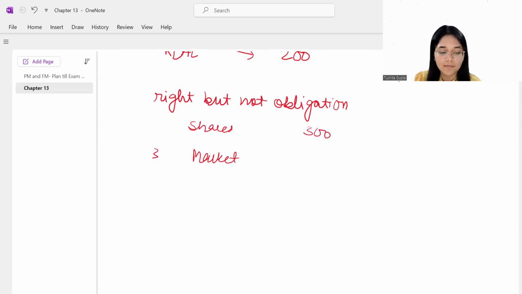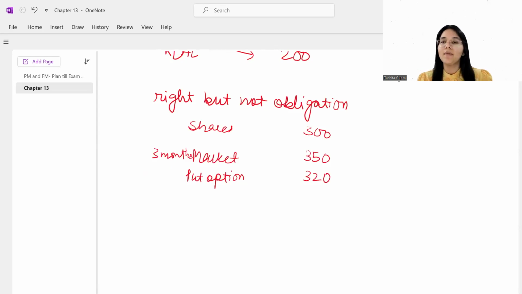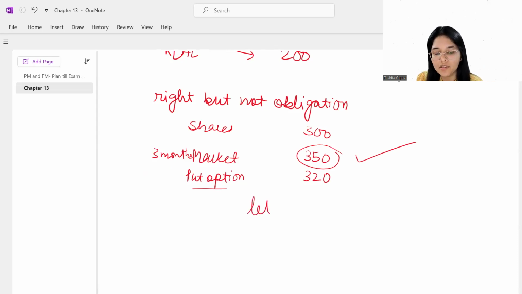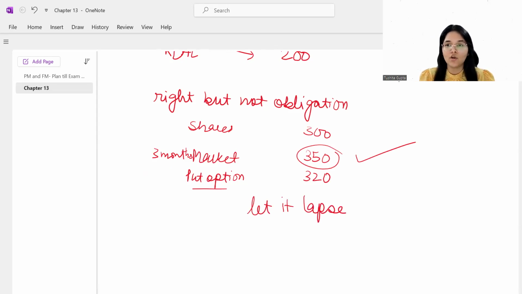Now 3 months from now, let's suppose the market rate is 350, and the person I bought the put option from, I have the option to sell at, let's suppose, 320. Again, this makes it unfavorable for me to exercise my option, because in the market I can generate higher sales proceeds and higher profits. So I will let my option lapse. When you do not exercise your option, that is when you let it lapse.